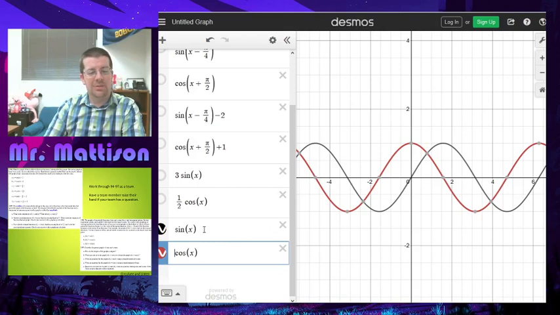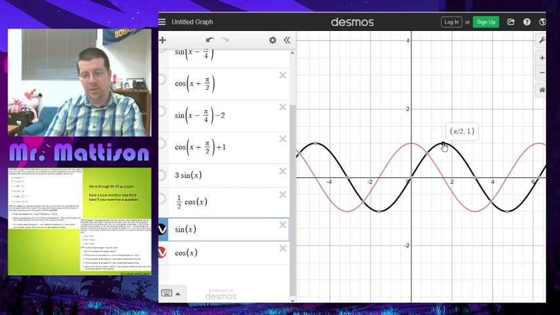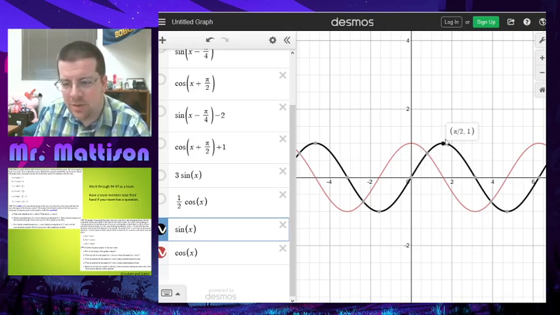So how can I get this? If I want to change my sine to look like my cosine, I need to move this point over to here. I could also say, move this point over to here, or move this point over to here, but the nearest one is here to here, right? So this is me needing to move left pi over 2.